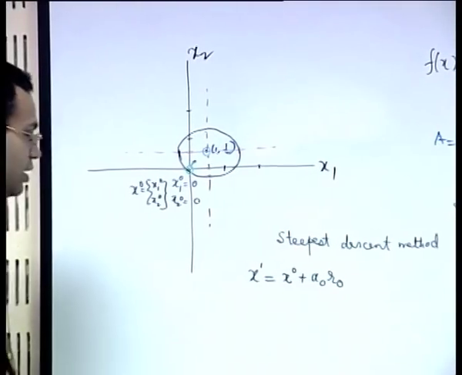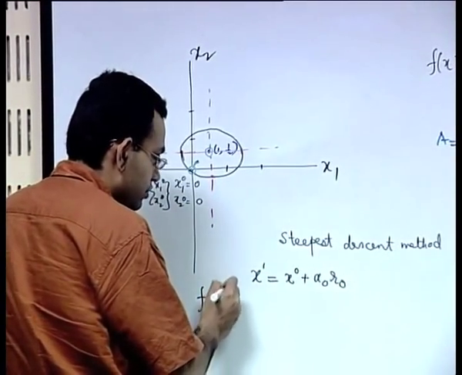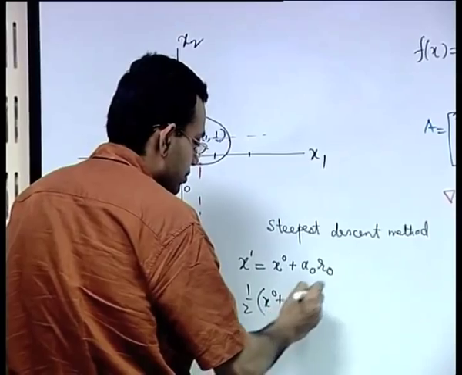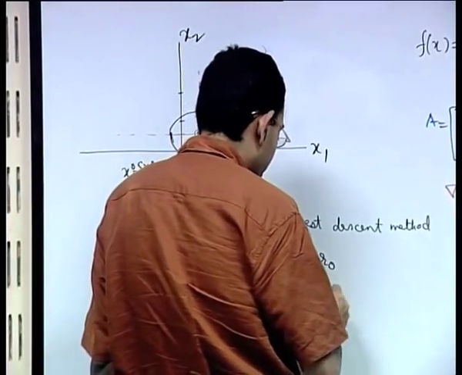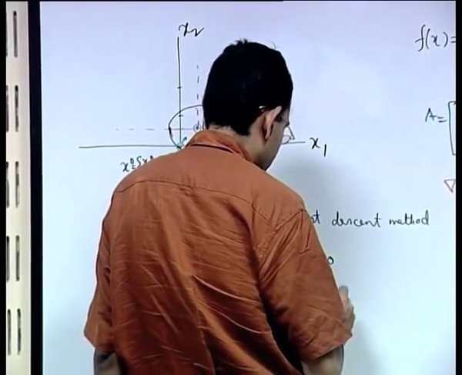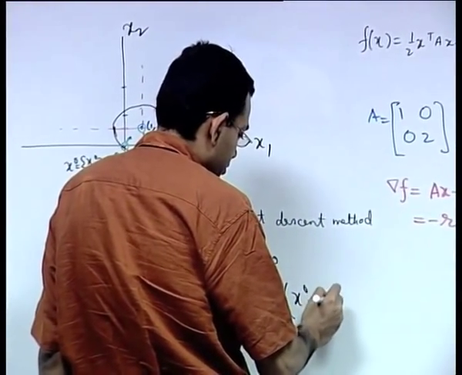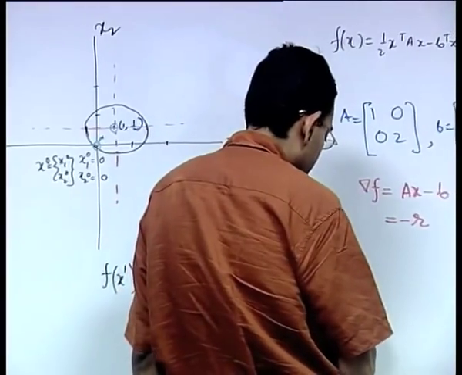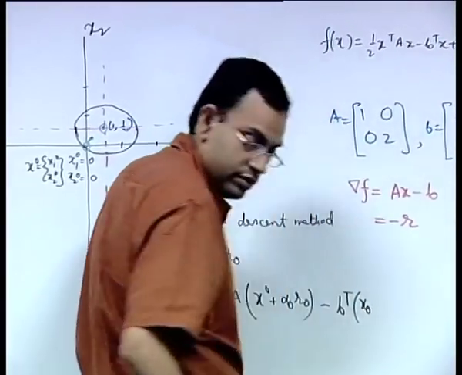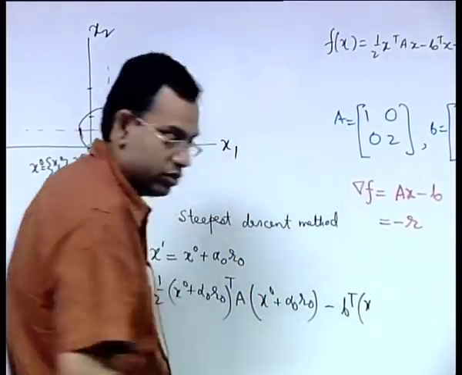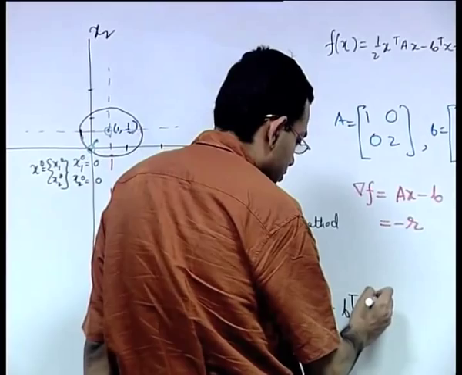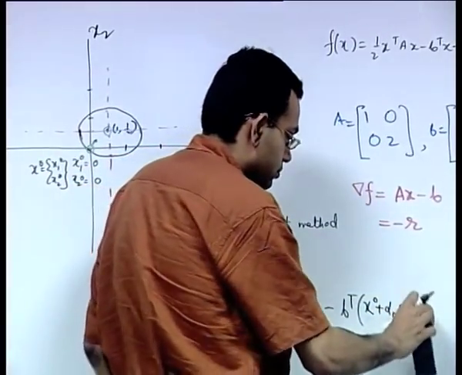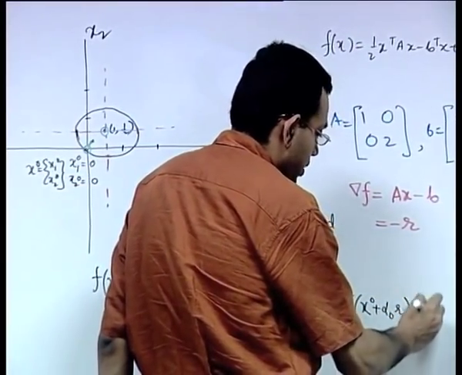So f of x1 is half of (x0 plus alpha 0 r0) transpose A (x0 plus alpha 0 r0) minus b transpose (x0 plus alpha 0 r0) plus c.